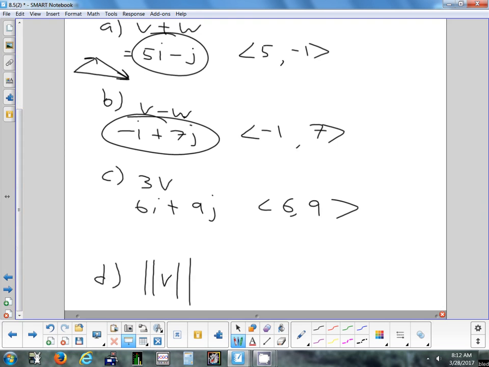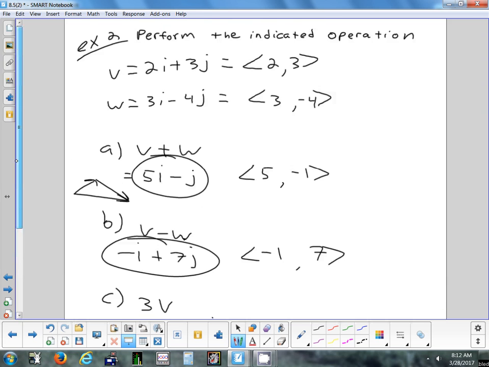Okay, and the last one, we did a couple of these in the homework, finding the magnitude. And again, when you find the magnitude, basically you're just doing what? Yeah, you're just doing the Pythagorean theorem. You're drawing the two sides of a triangle, the numbers they give you in the vector, and it's like you're finding the hypotenuse. So we've got the vector 2, 3.